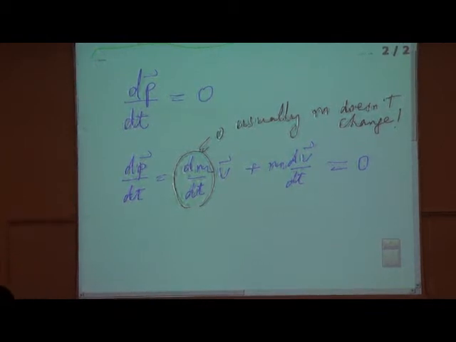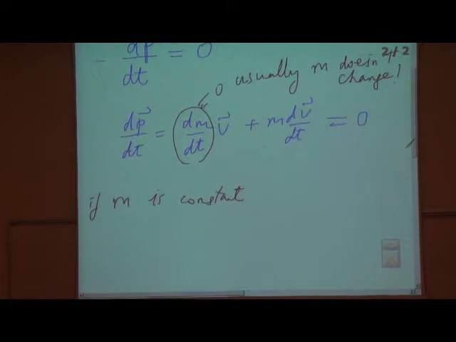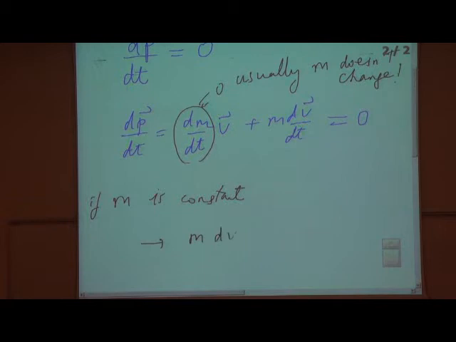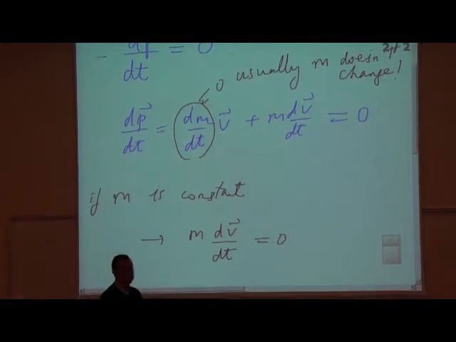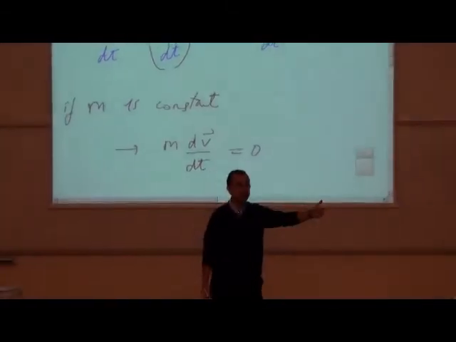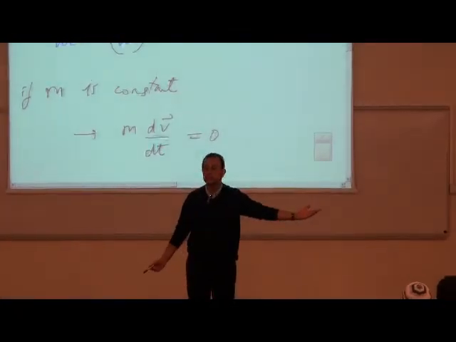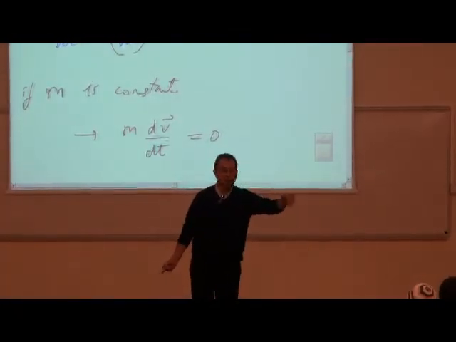In that case, when m is constant, we have m dv/dt equals 0. This is Newton's first law. What is dv/dt? What is the rate of change of velocity? It has a name. What is it? It's the acceleration.